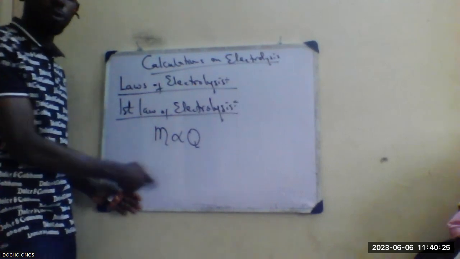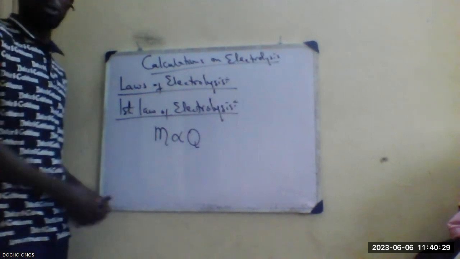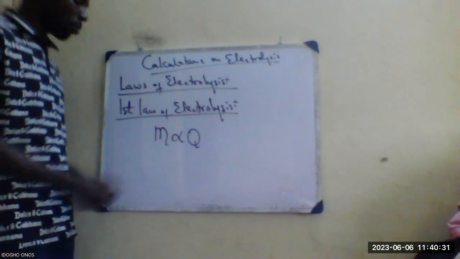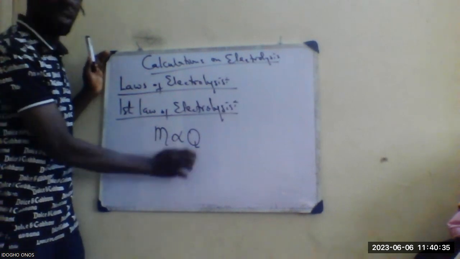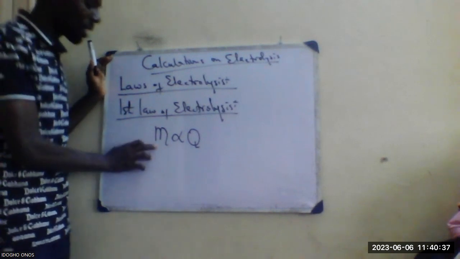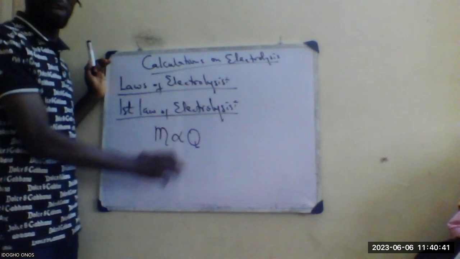The quantity of what you put in terms of current is also determining the mass of what is being deposited. So this is the mathematical expression that M is directly proportional to Q, where M here stands for mass of the substance and Q here stands for quantity of electricity.